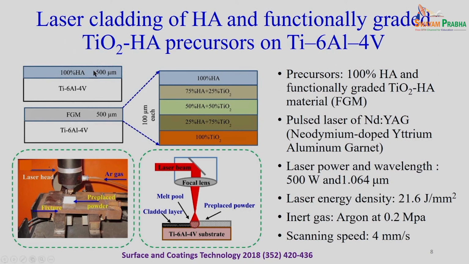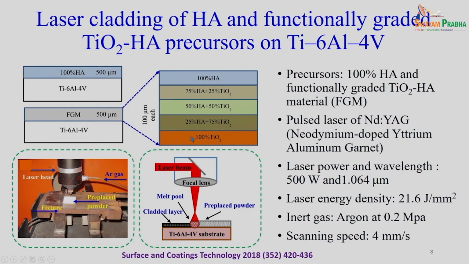So, in case of laser cladding the precursor was 100% hydroxyapatite, and in case of the mixture we had different ratios of titania and hydroxyapatite. Here you see we had a 500 micrometer thick layer of 100% hydroxyapatite, and in case of the mixture we had 5 different layers, that is what we call the graded material.